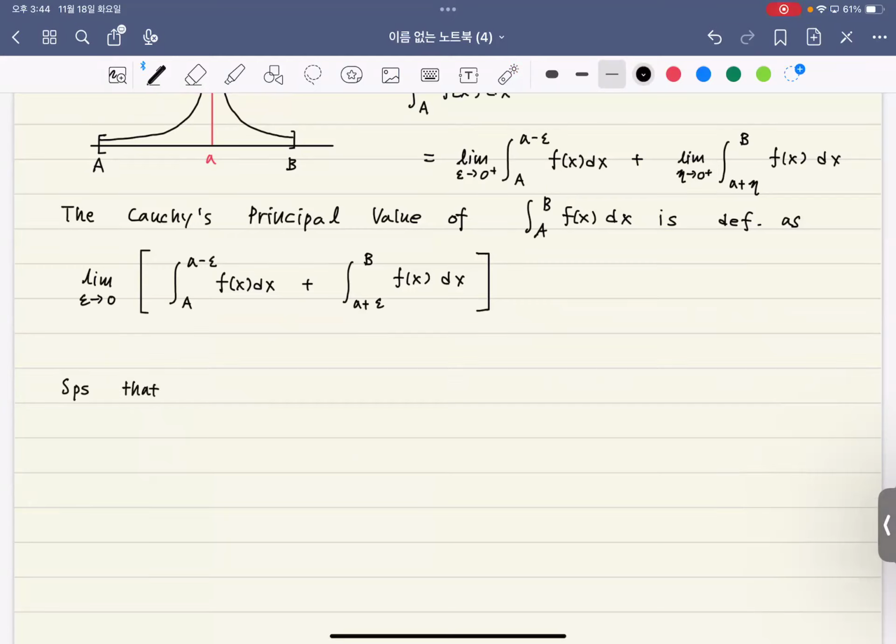Now suppose that my function f of z has a simple pole, a pole of order 1, at this point a. This is a point on the real line.